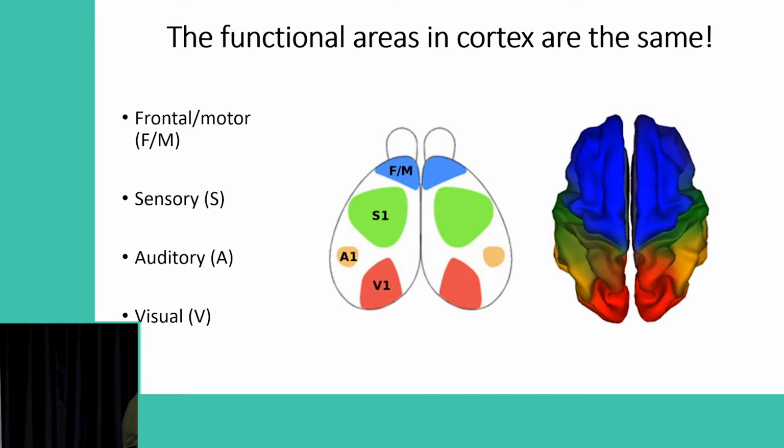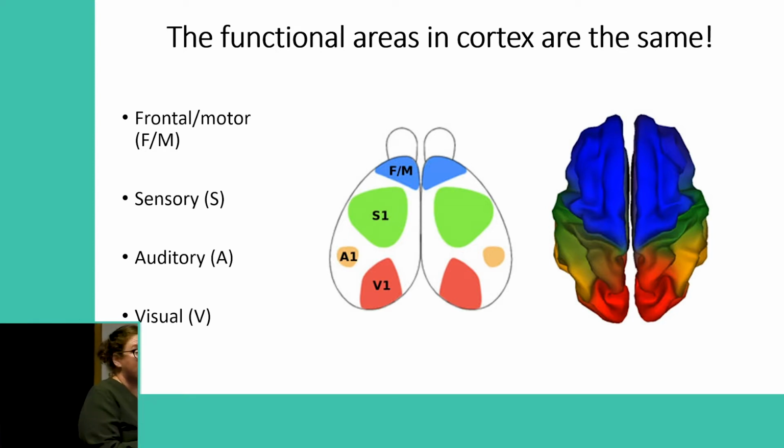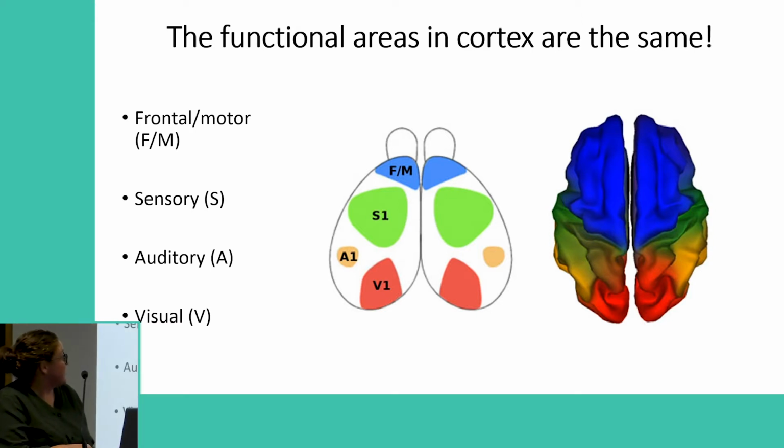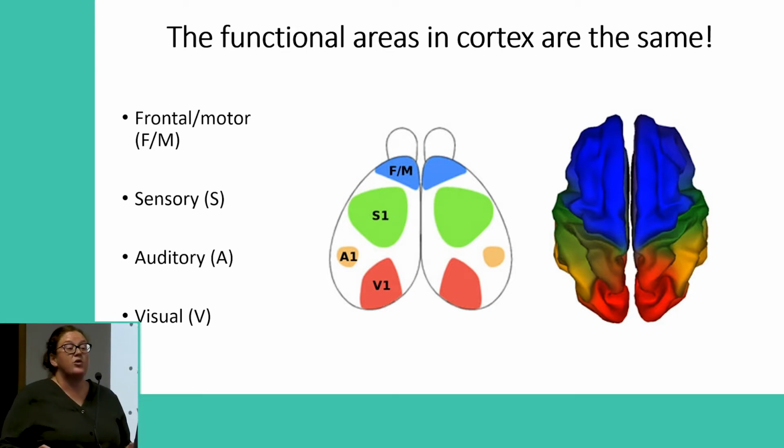So if you look at the different sensory parts of the cortex, at the back here in red, that's the visual part of the mouse brain, which is also at the back of our brain. The auditory part is more lateral, so you can see here. The sensory part is more in the centre here, and then the blue part is the motor part, or the frontal part of the brain.